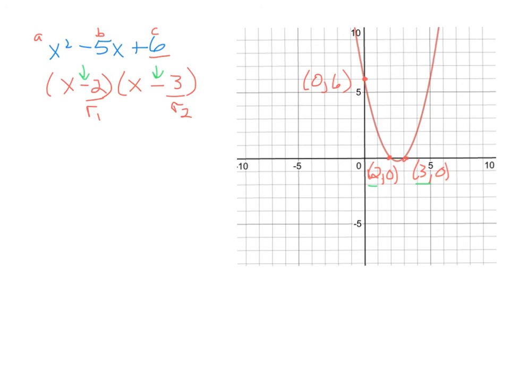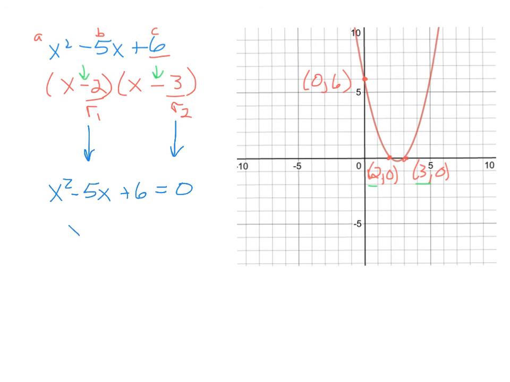But just looking at this form right here, when we're trying to solve a quadratic, we set it equal to 0, and I told you that what we're really trying to find are these. They're known as the roots or the zeros. Also the x-intercepts. Those are the solution.